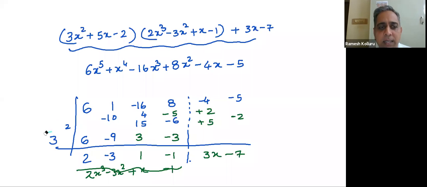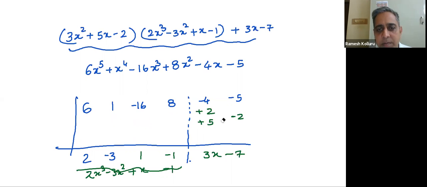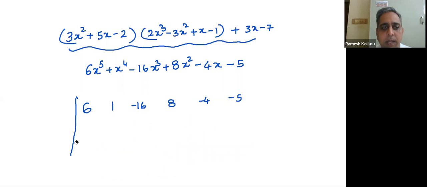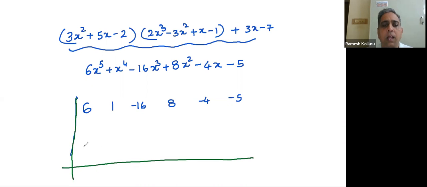So I'm erasing this so that I can write the same steps with the other part as my dividend. I'm taking this as my divisor.